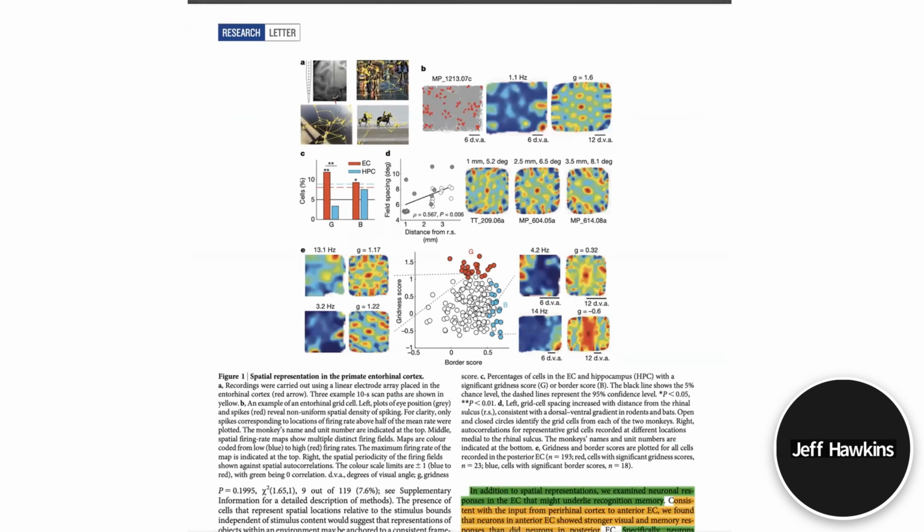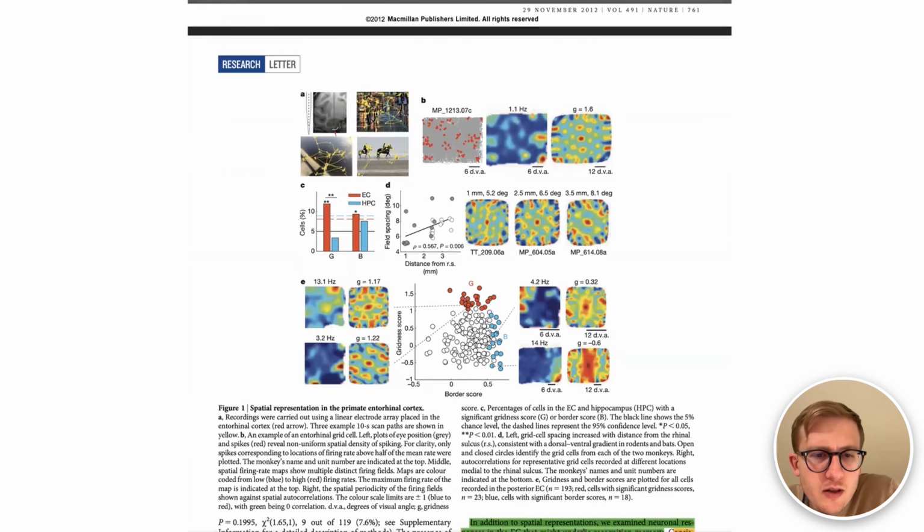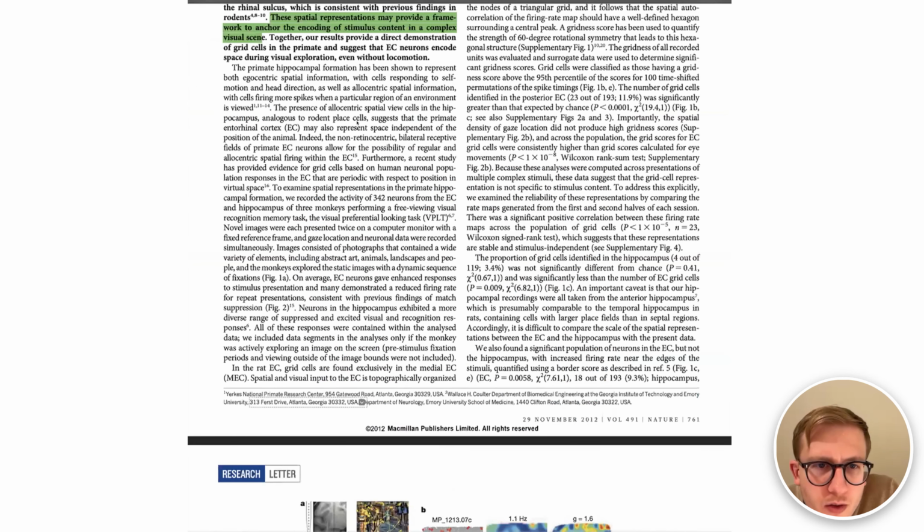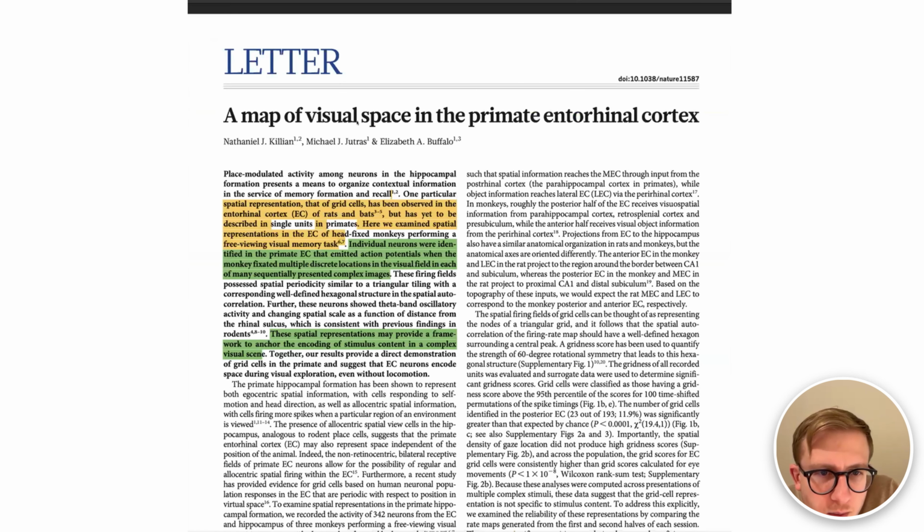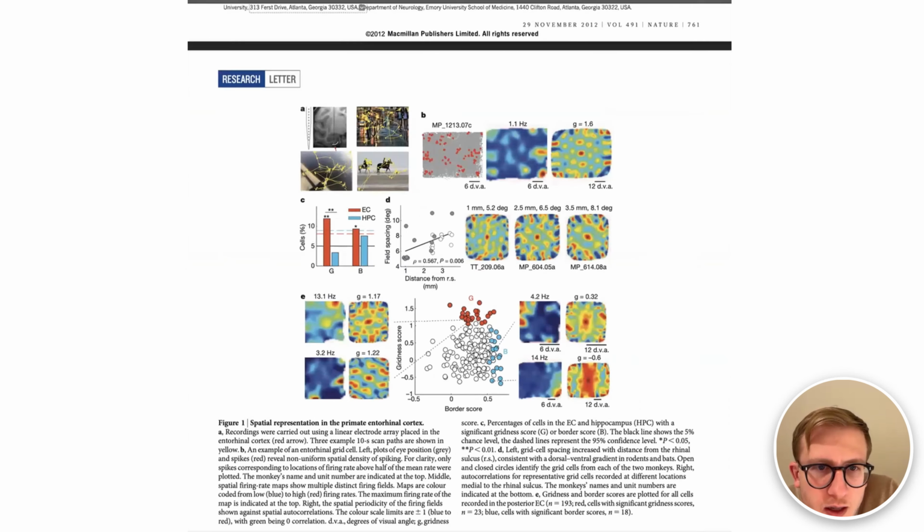And this is in visual space. I don't remember which exact animal it is, some sort of monkey that's looking at these images, and then they're looking at the cells, and the images are 11 by 11 degrees. So I don't know exactly, but maybe it's something like that.